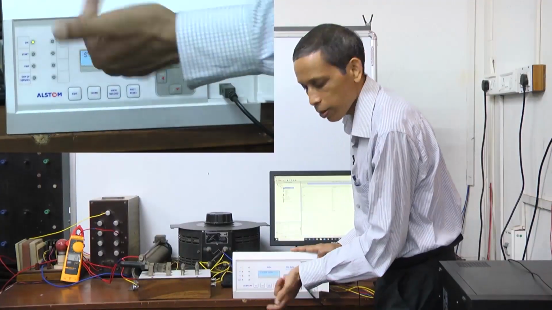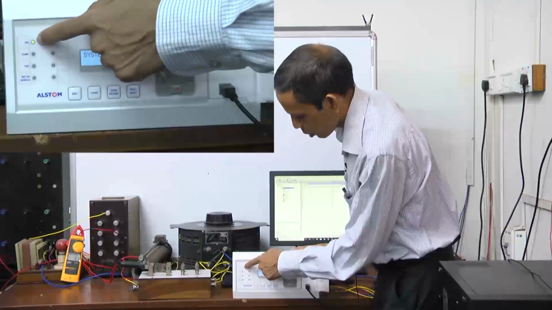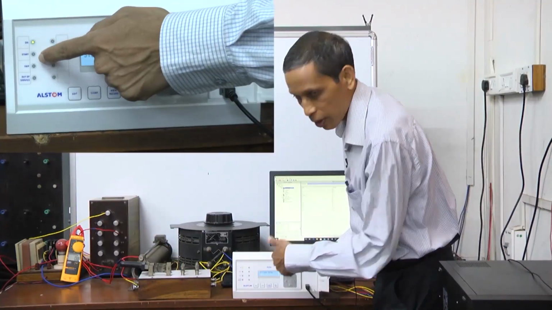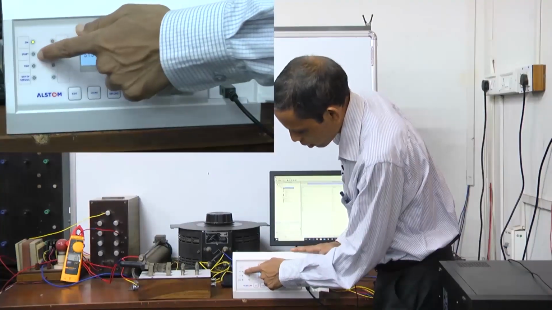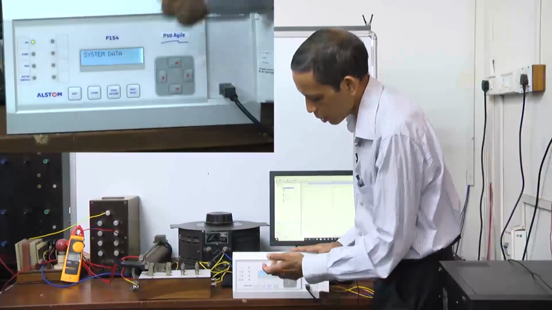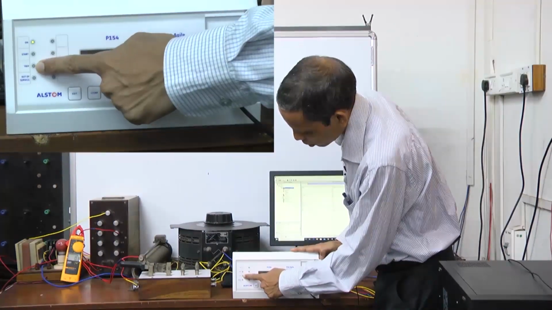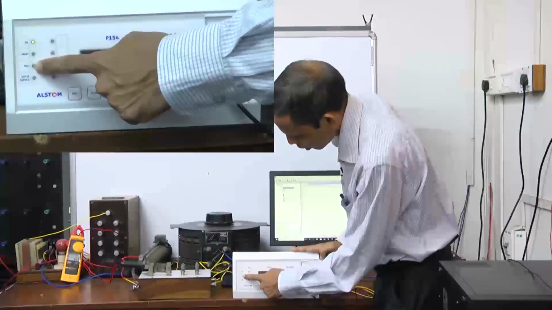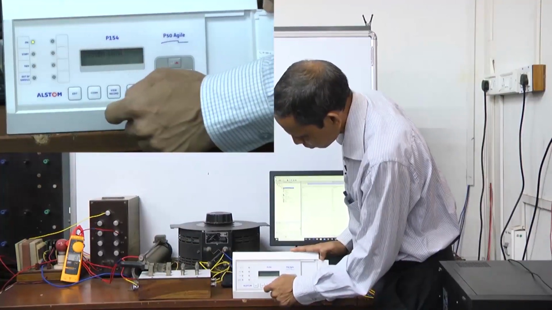Whenever you give supply to the relay, it goes to the on state. Then, whenever a fault triggers, it starts, and finally, when the relay makes a trip decision, the trip symbol is shown through an LED that is activated here.